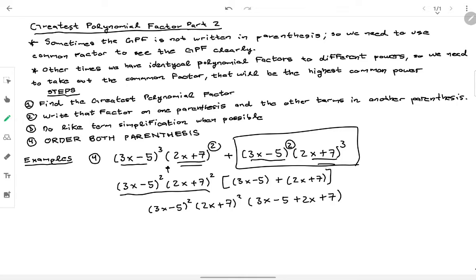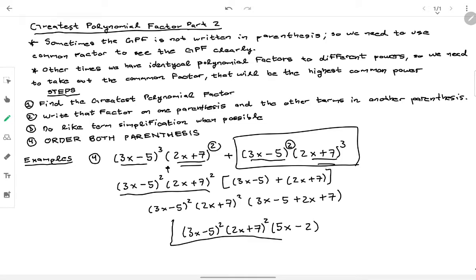So in this case we can do like term simplification, and our final answer is going to be 3x minus 5, all of it squared, 2x plus 7, all of it squared, that multiplies 3 plus 2, it's 5x, 7 minus 5, I'm sorry, it's plus 2.